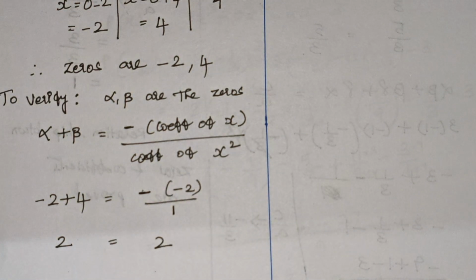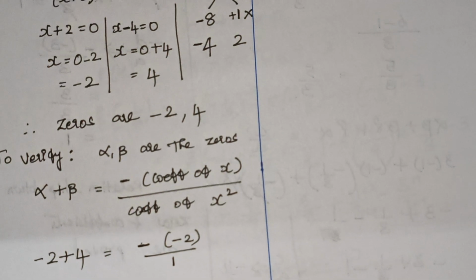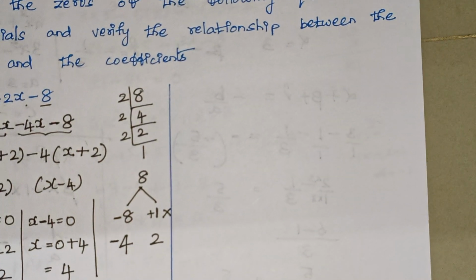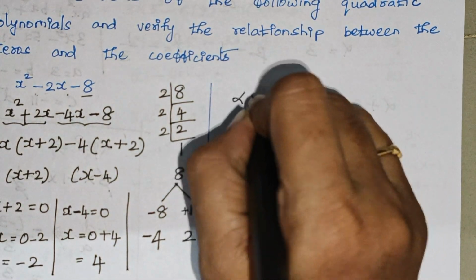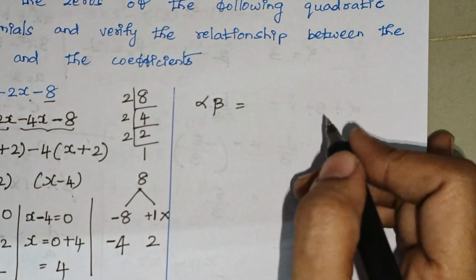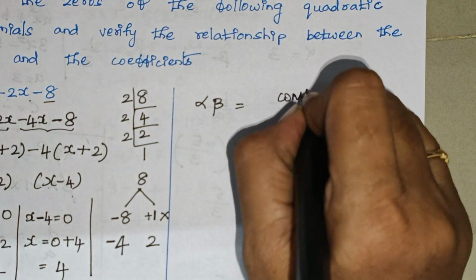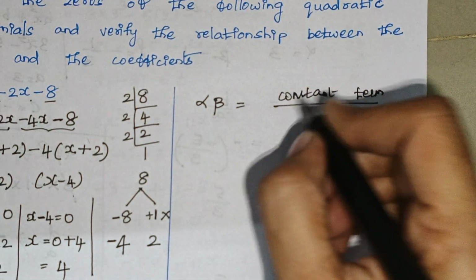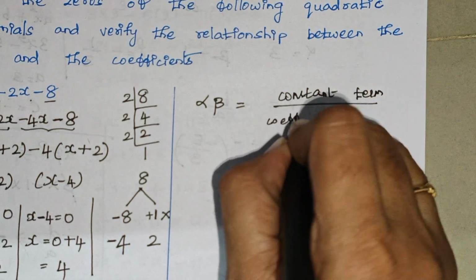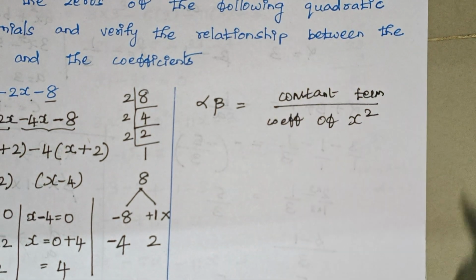And the next thing is we are going to check the product of the zeros. So when you go for the product of the zeros, that is alpha into beta, it is the constant term divided by coefficient of x square, right?